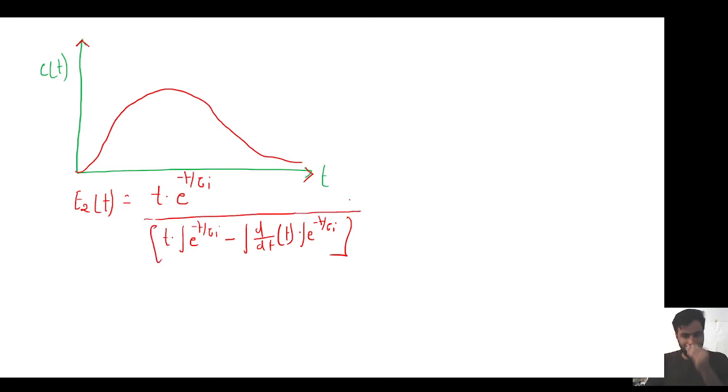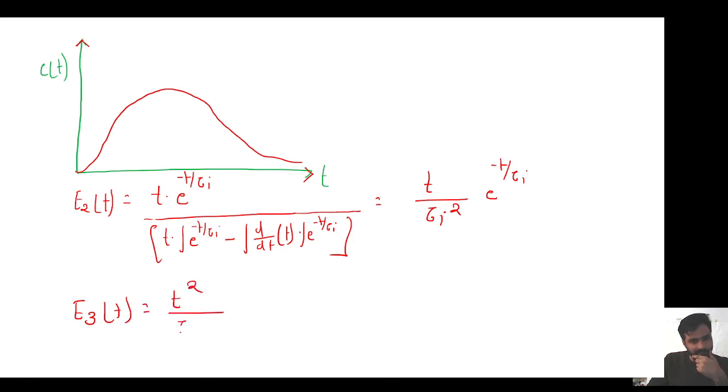So finally you will be getting t upon tau i square and e to the power minus t by tau i. So finally, you can calculate E3(t) also, and that is equal to t square upon tau i cube and factorial 2, and e to the power minus t by tau i.